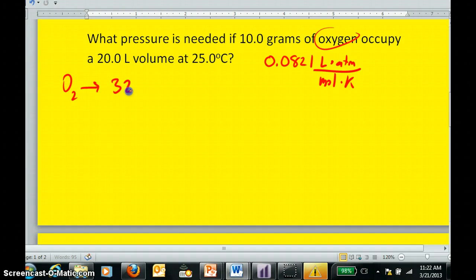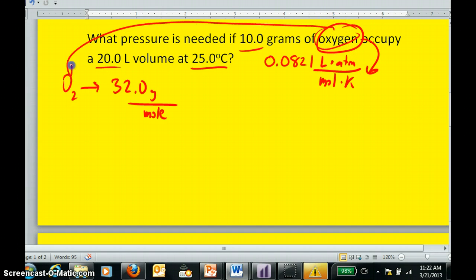Namely, I've been given a molar mass because oxygen is 32 grams per mole. So there are some hidden gems of data in amongst these actually given pieces of data. And one of the gems, of course, is when I'm talking about a gas, I am given the gas constant. And when I've identified the gas, I've been given a molar mass as well.